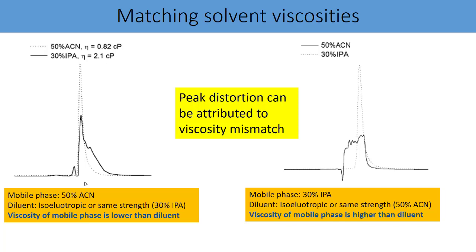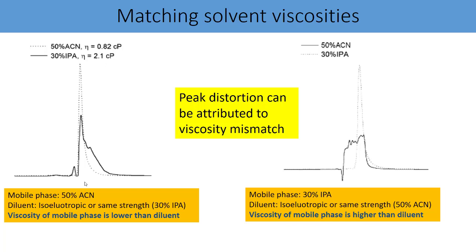But still, you will find that the peak shape with the 50% ACN is very much distorted. So what is the reason behind this distortion? Now we cannot reason with the solvent strength, because in each example you have actually matched the solvent strength with your mobile phase, but still your peak shape is distorted.